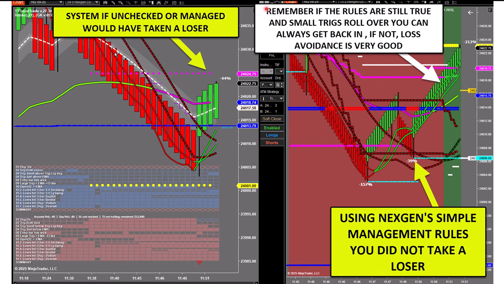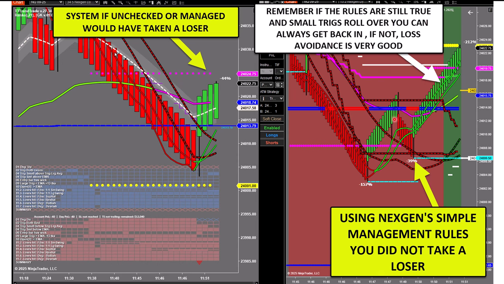And remember, again, I've said it a million times, I'll say it a million more, I'm sure, before it's over. If the rules are still true and you like the look on the big chart, which I don't here, but let's just say it is, you can always go short again when the small triggers give up and roll over, either from an area or back below the large triggers, which there's no chance of that happening.